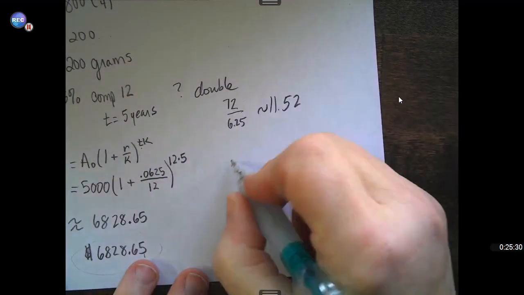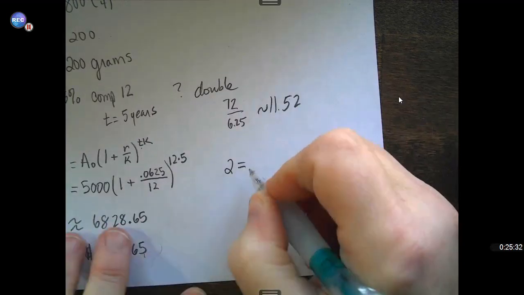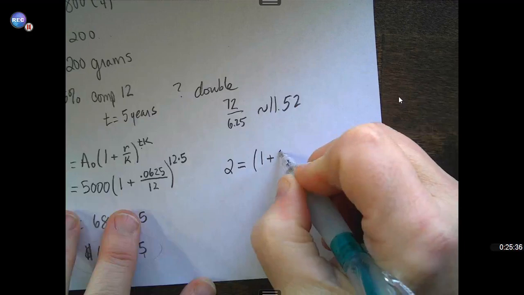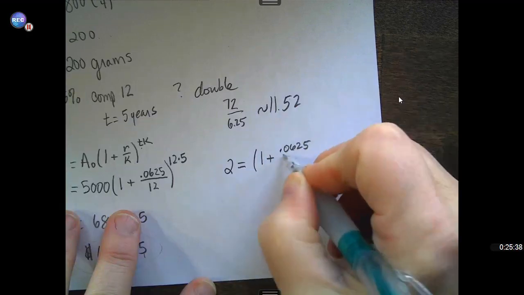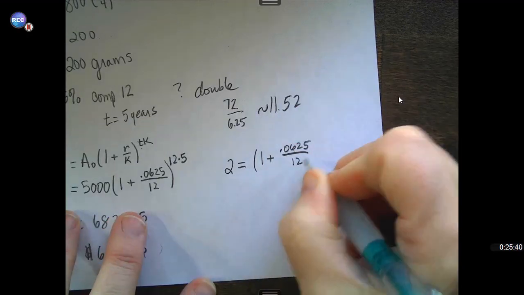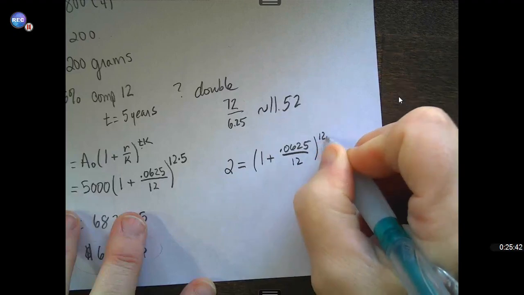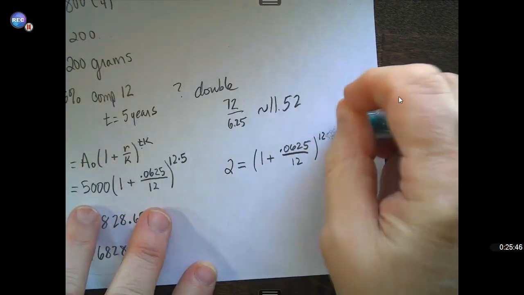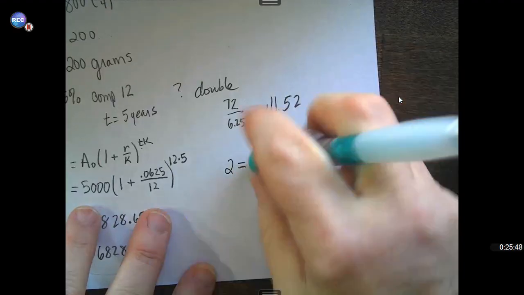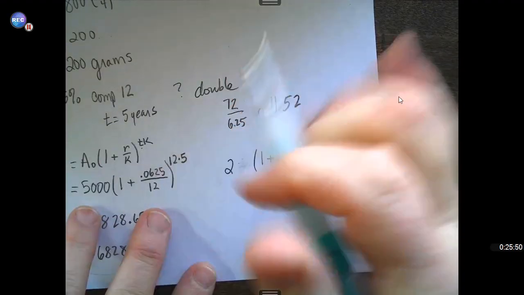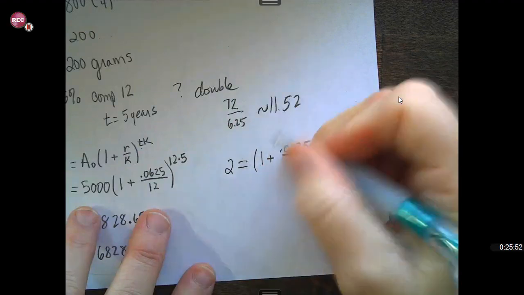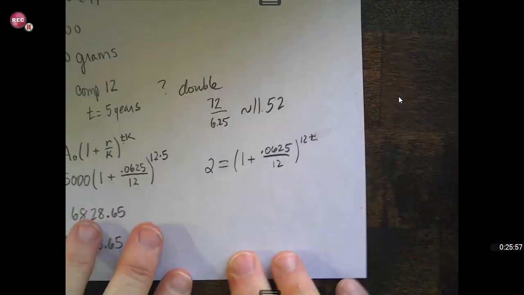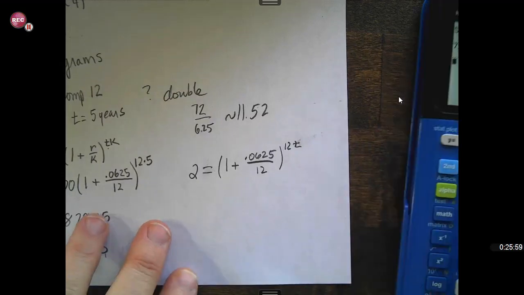So if I'm going to double it, it's going to be 2 equals 1, but the quantity 1 plus 0.0625 over 12 to the 12 times t power. Sorry, I was going to say 5, but no, that's right. We want to see how long it's going to take to double, so we want to solve for t.